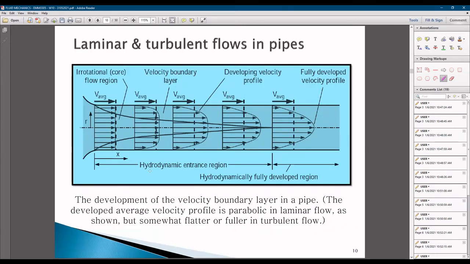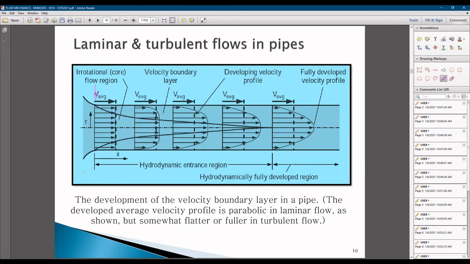Speaking of the flow inside a pipe, imagine that this point is the entrance of the pipe. What is shown here is the development of the velocity boundary layer in a pipe.